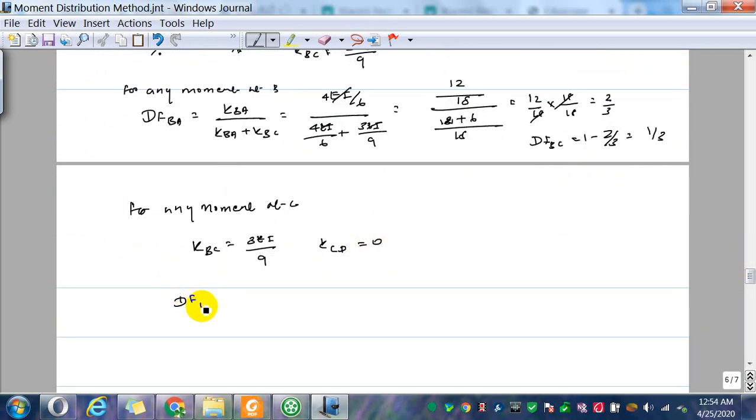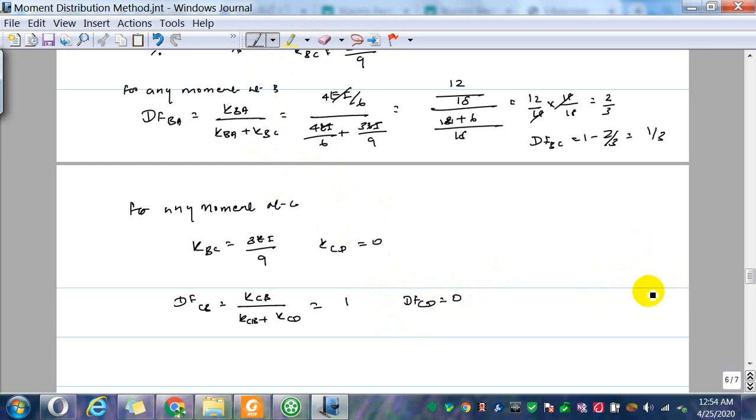So DFCB is KCB over KCB plus KCD. KCD is 0, so it's 1. So DFCD is 0 because it's a free hanging element.